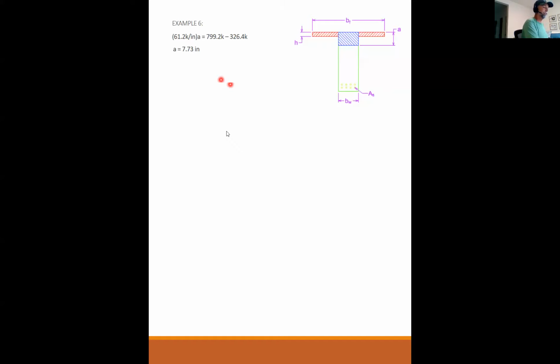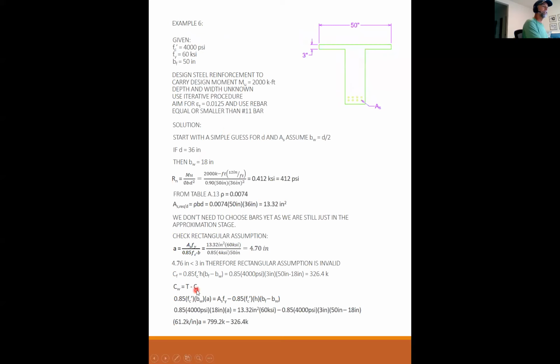But I want to make sure everybody's clear, so let's get back here. At this point, the force in the flange is solvable. Once we figured out that it's a true T-beam, that means a is lower than the bottom of the flange. I don't know what a is, but it also means I know the flange is completely stressed to 0.85 f'c.